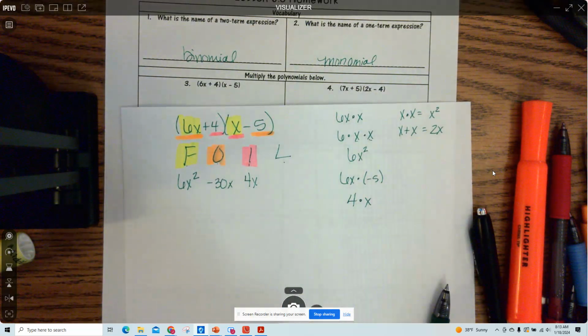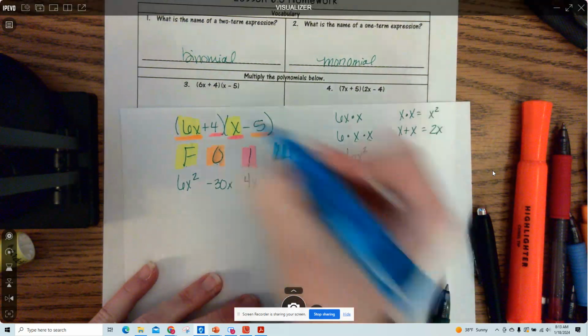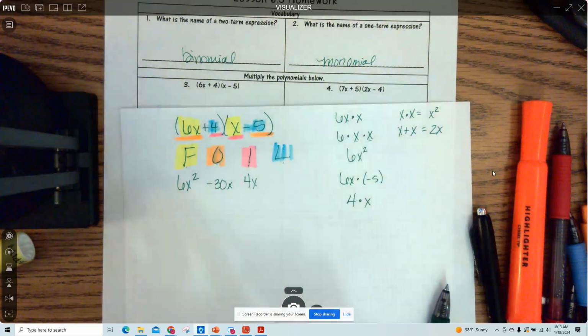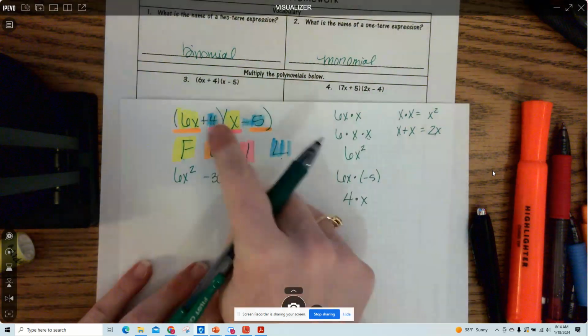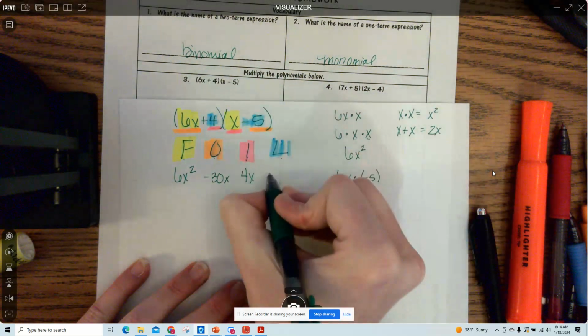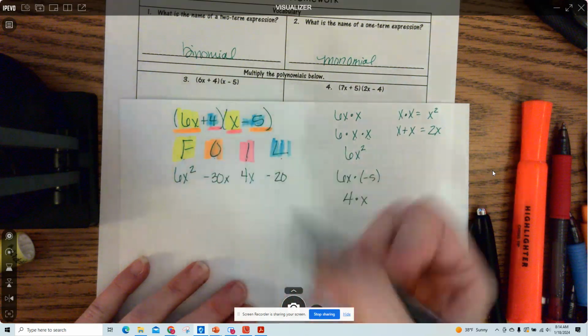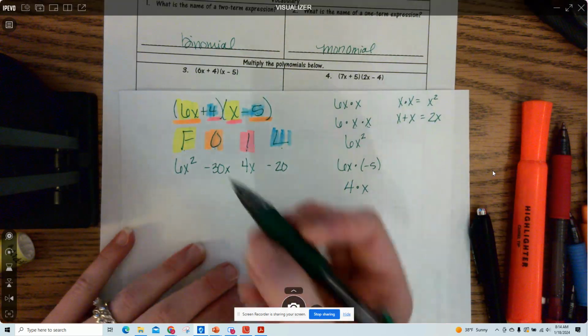And then last, L, are for the last two pieces, and that negative becomes a negative in this case. So don't lose a sign. So 4 times negative 5 is a negative 20. And those are the pieces when you're multiplying those numbers, and as they get bigger, that's where you may need the calculator. So we're not quite done yet.